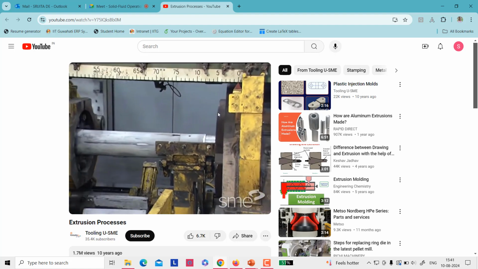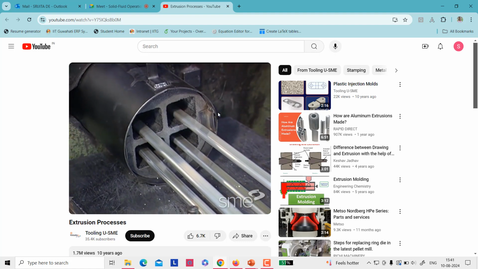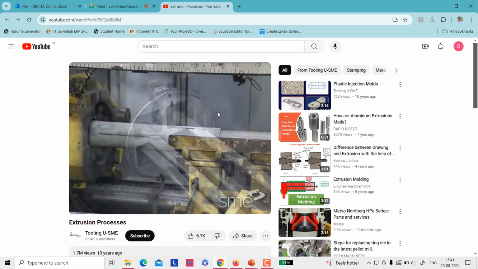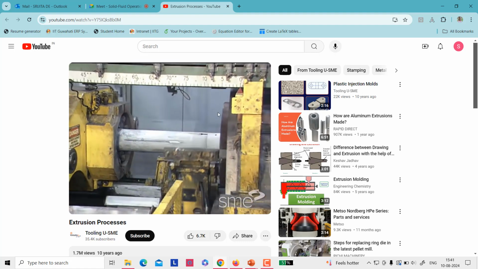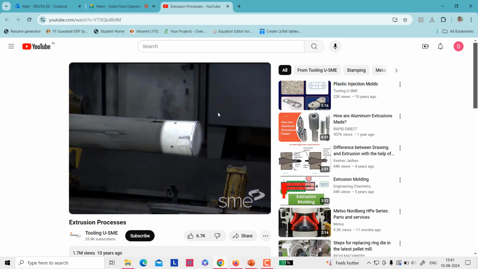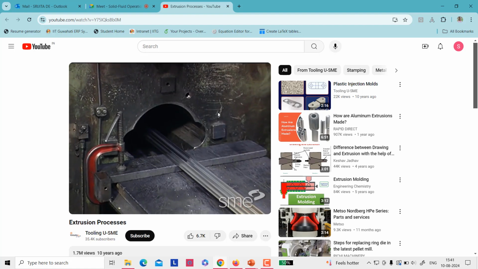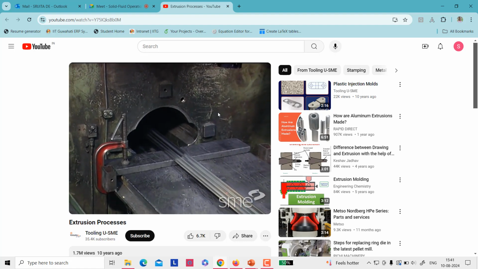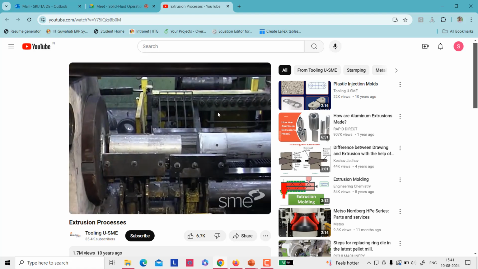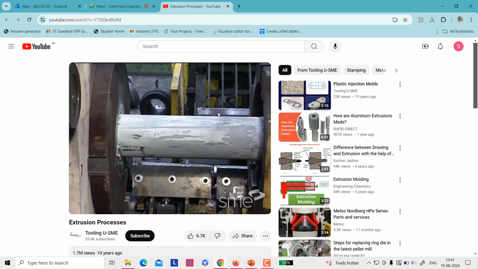In the extrusion process, some kind of force is given from outside, and that will create the enlargement of the granular particles. You can see how it is moving and creating the pressure.